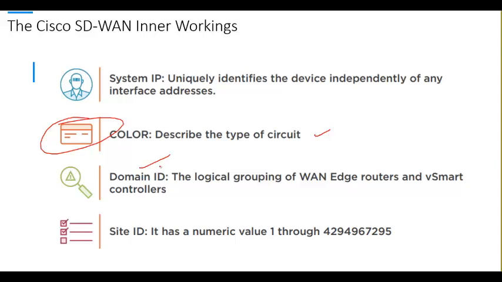This is the domain ID. The domain ID on the WAN edge and the domain ID on the vSmart will be the same. So the WAN edge router can only connect to the vSmart controller in its own domain. Within the domain, they have full synchronization of route information among the vSmart controller and the WAN edge router.